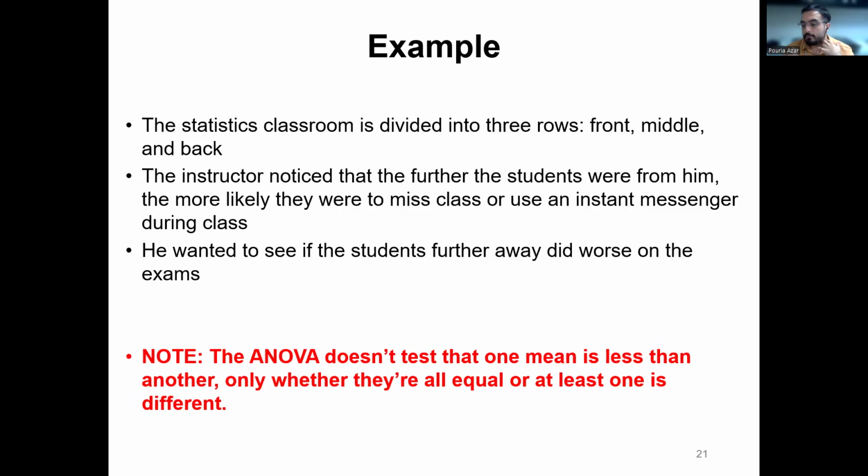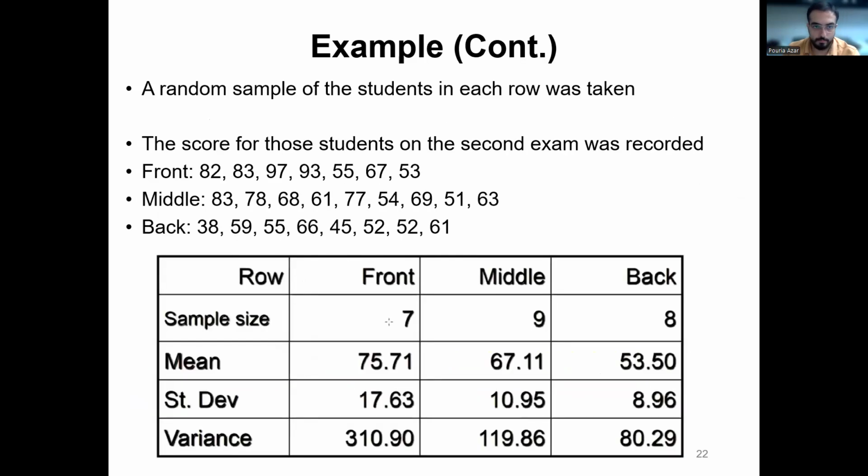But can we find out which mean is different from other means? We cannot do that with ANOVA. So we have an additional test to see which means are different from each other. So ANOVA does not test that one mean is less than another, only whether they are all equal or at least one is different.